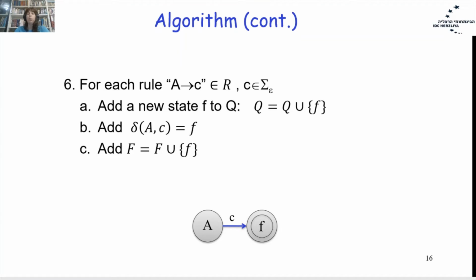We will draw a transition from A to F with the letter C: delta(A, C) equals F, and we will add this new state F to the final states and also to all the states, Q union F.